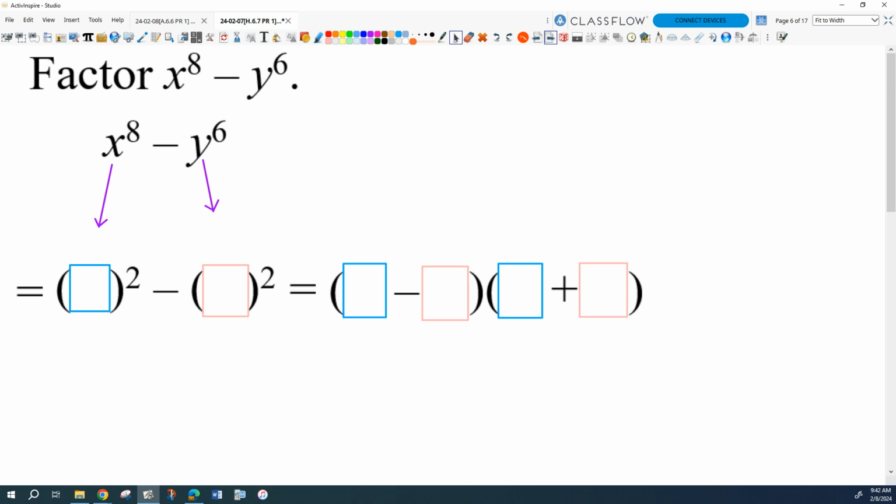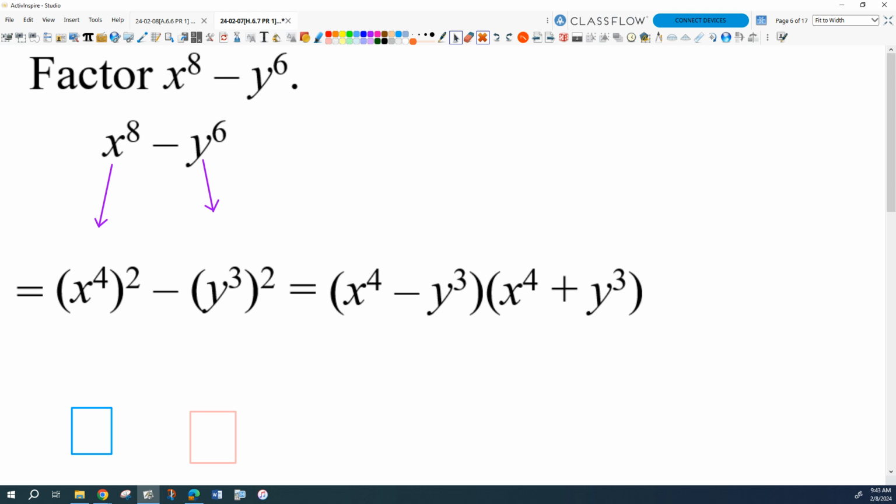What about that one? Okay, yeah, what could I square to get x to the 8th? X to the 4th, yeah, good. What would I square to get y to the 6th? Y cubed. Then we just follow the same pattern. Okay. Thumbs?